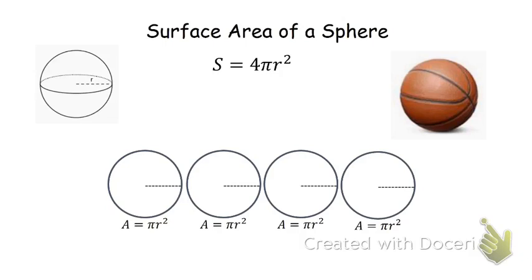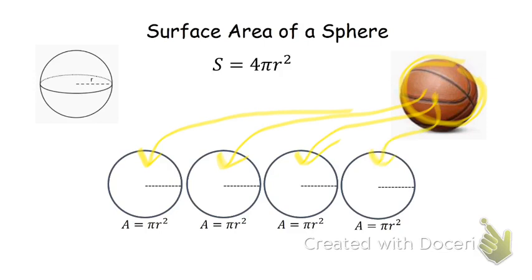The surface area of this basketball, if I took the leather of this basketball, I pop the basketball, I take the leather and tear it into little pieces, and then I take all those little pieces and I lay them down into all these circles, guess what? That leather would perfectly fill 4 circles that have the same size radius as the basketball. And that, believe it or not, is why the formula is 4 pi r squared. You don't need to know that, but I think it's kind of cool. You just need to know the formula.